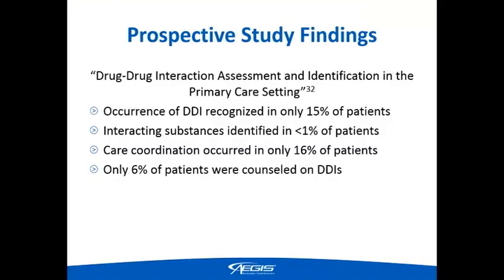Within this study, based on the completion of the CPVs and the scoring of those, we found that despite indications that the providers were regularly reconciling medications and utilizing standard tools for identifying drug-drug interactions, recognition that a DDI occurred and contributed to a patient's chief complaint only occurred in about 15% of patients. Specific compounds contributing to the interaction were recognized in less than 1% of patients.